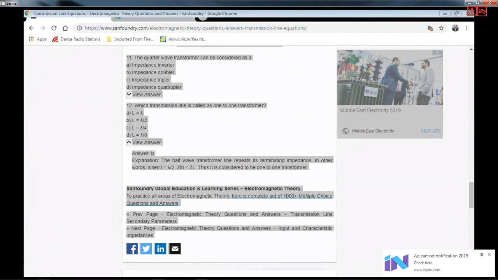So, capital gamma is the voltage reflection coefficient, because we are taking V naught minus by V naught plus. This is the way we are taking up the definition.